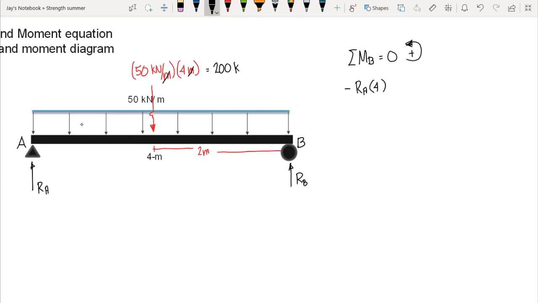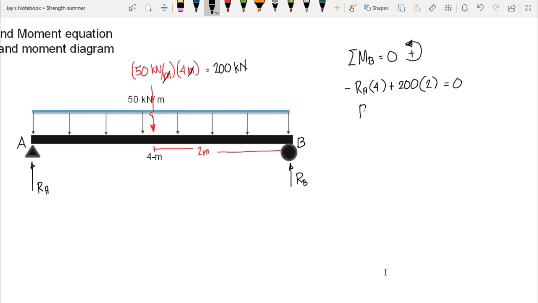Okay, so we have the resultant force that is positive, since our resultant force 200 kilonewton rotates counterclockwise with respect to B. So we have 200 here, times the moment arm, that is 2 meters, the distance from B, and this equals 0.